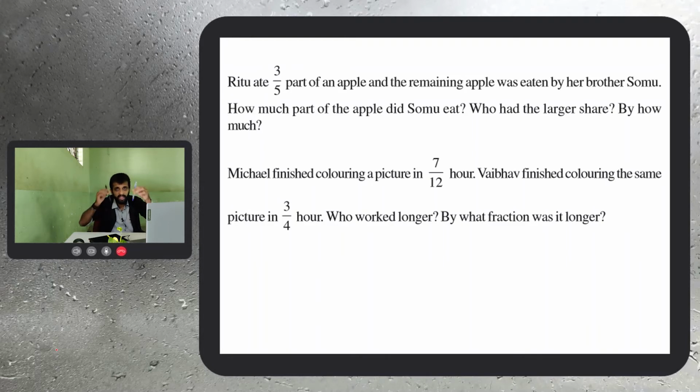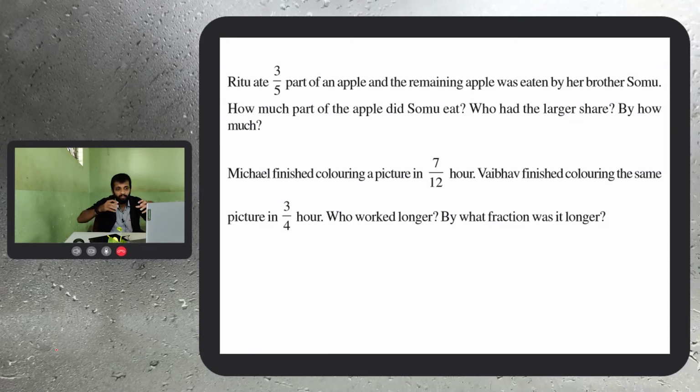Okay, remember this, 2 pens. If I want to find out which one is taller, which one is smaller, I will have to keep them closer and put them on the same base, right? Keep them on the table and keep this base same. So same way you will have to convert that 7/12 as a fraction and 3/4 as a fraction under the same base.